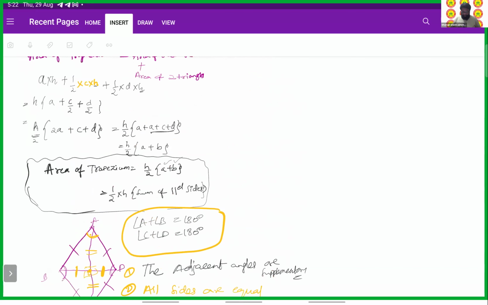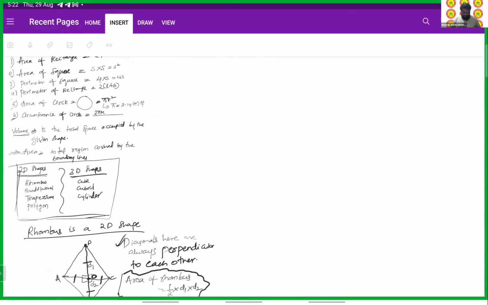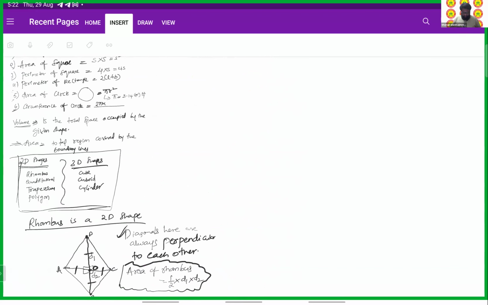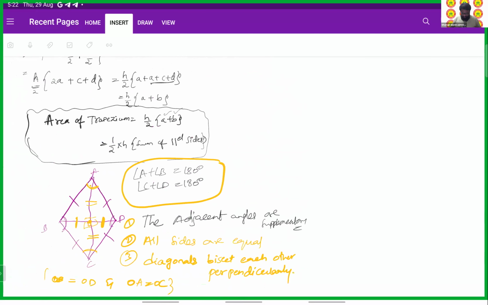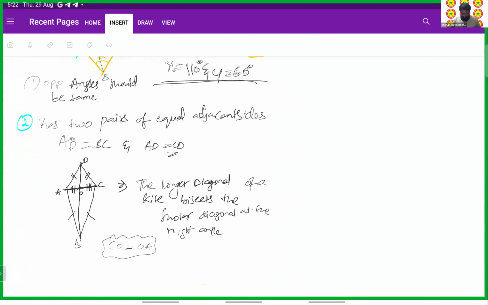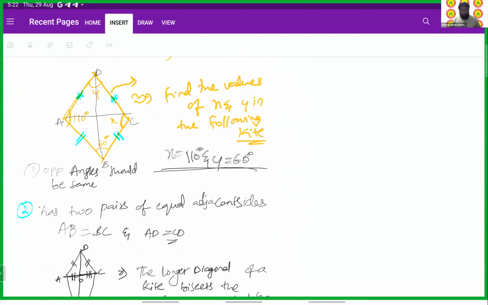We are discussing 2D shapes. We are done with trapezium, rhombus, and even kite. I hope everyone of you copied the notes on the difference between kite and rhombus.